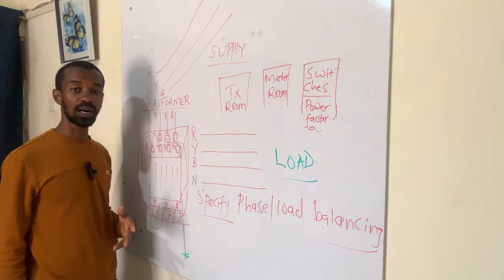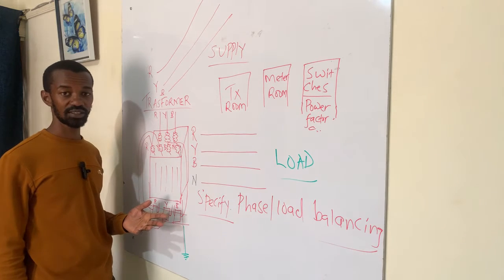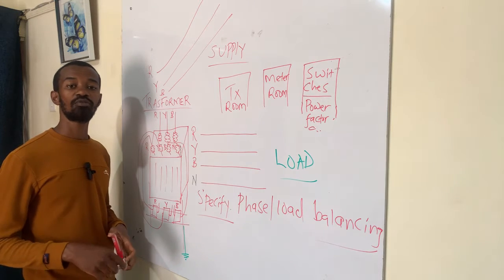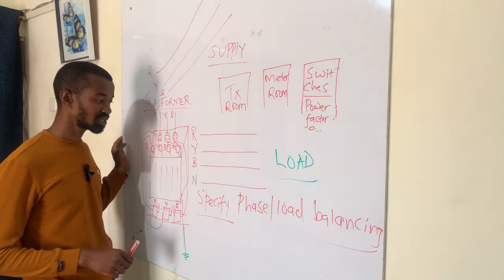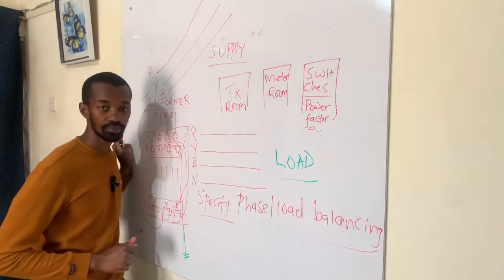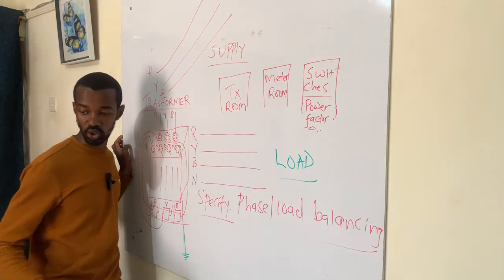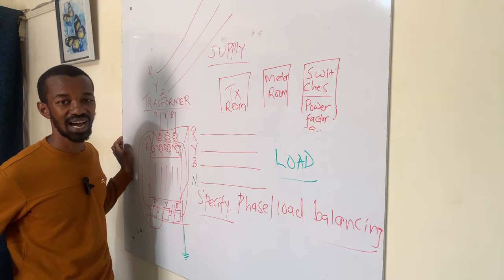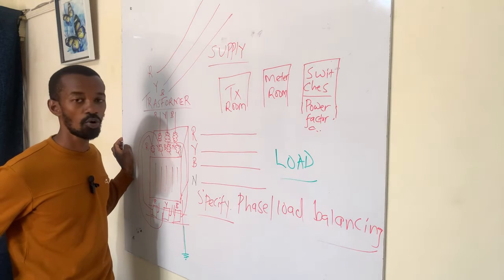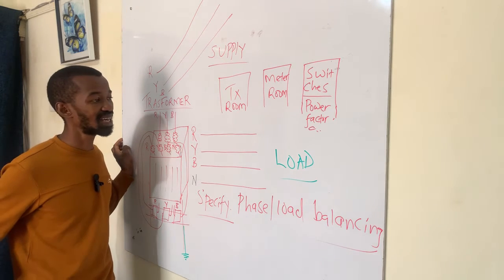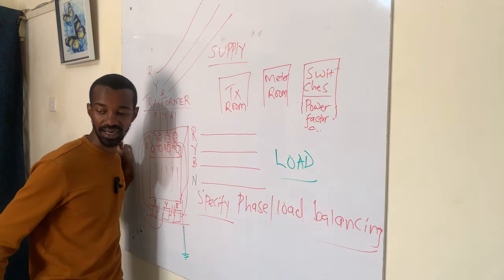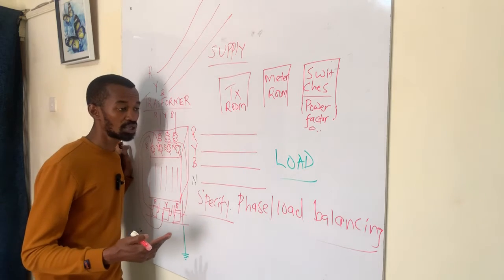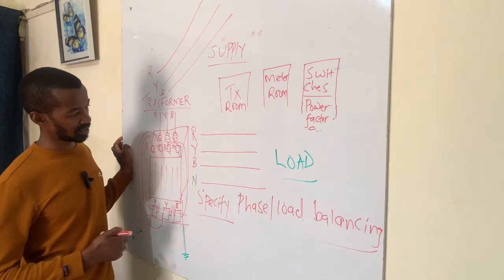And whenever we talk about, especially even the single phase connectivity, the three phase, the drop cable and everything, the size of the cable plays a major role, because if the size is too small for the load, there will be a lot of issues, especially once the loads are connected. You might have issues such as the cable burning, the insulation cannot stand the current or the heat generated by the cable due to the load that has been connected to it.